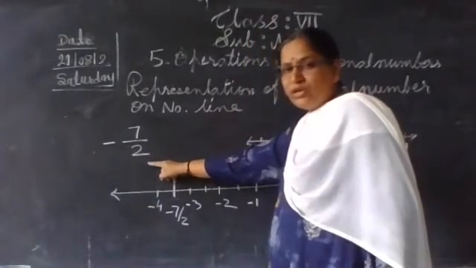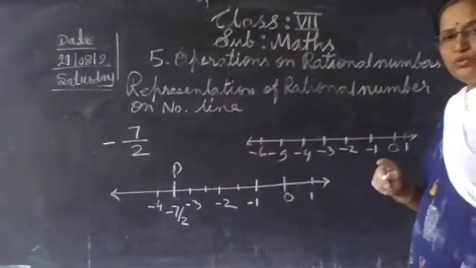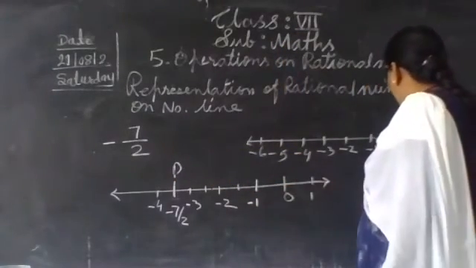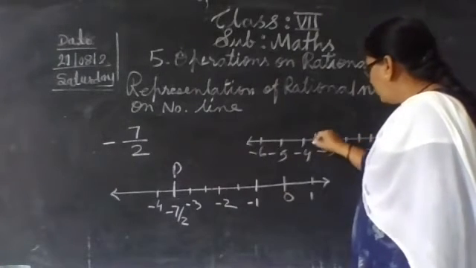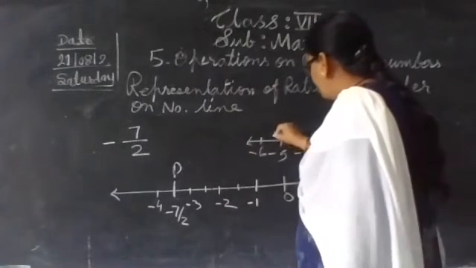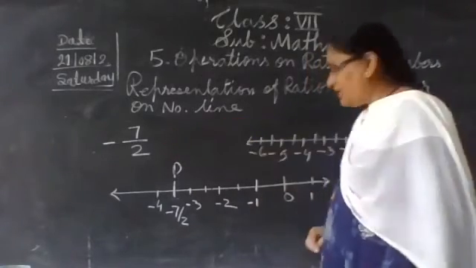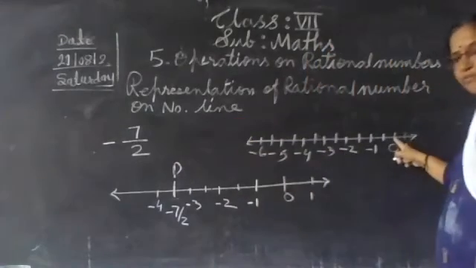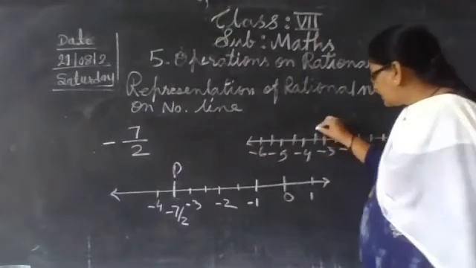Denominator always shows the total number of parts. So between these, you have to make 2 equal parts. 1, 2, 1, 2, 1, 2. Okay. So out of this, you have to select 7. So starting from 0, 1, 2, 3, 4, 5, 6, 7.